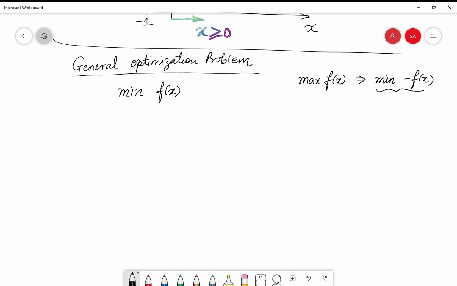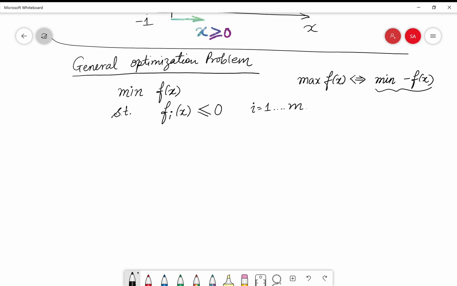If you do this, these two problems are equivalent. So in this course, I want to minimize some function f of x, subject to certain constraints. A constraint could be, let's say, f i of x is less than or equal to 0 for i going from 1 to m.